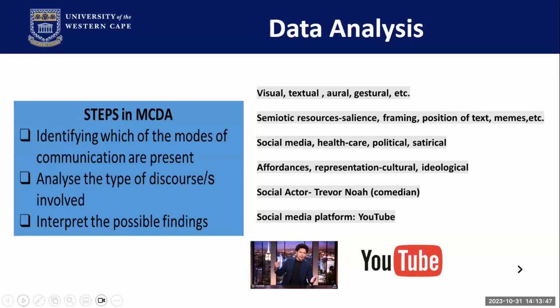Number two, analyze the type of discourse or discourses involved. These can involve social media, healthcare, politics, and satire. And number three, interpret the possible findings based on these semiotic resources. These involve affordances, the representations of the said event, and so forth. In this instance, it can refer to COVID-19.